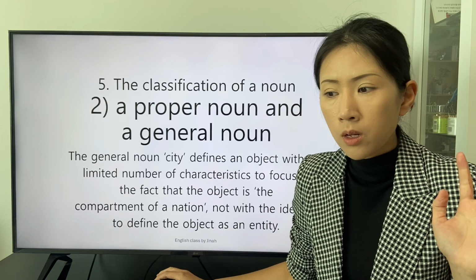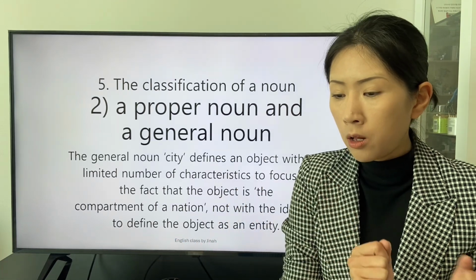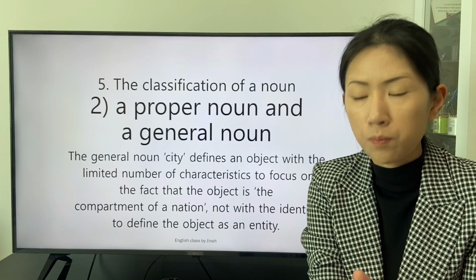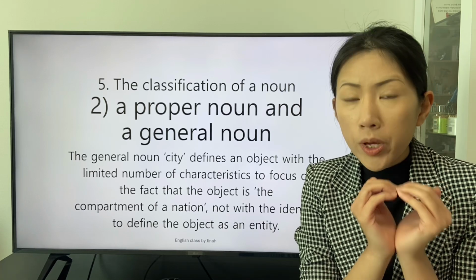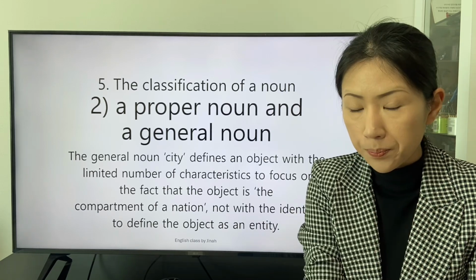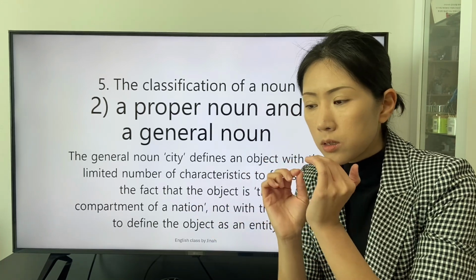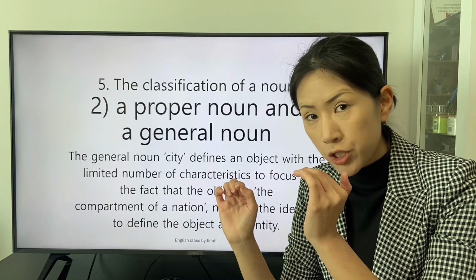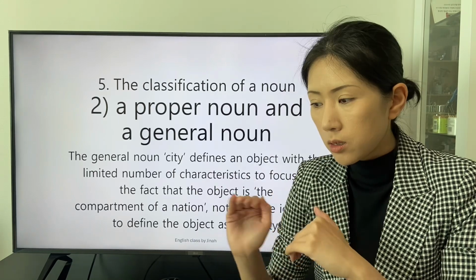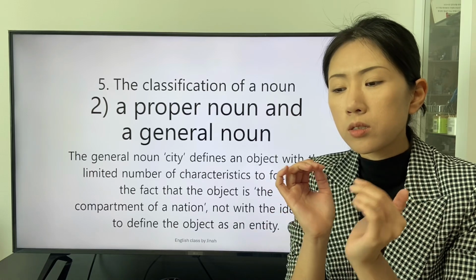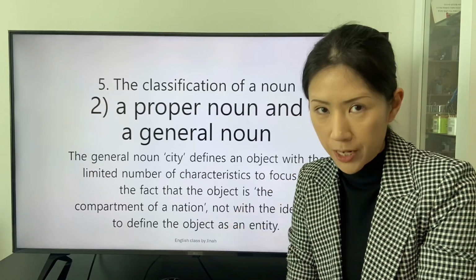So the proper noun Seoul indicates the definite object with the identity, but the general noun with the limited number of features indicates objects that share the limited definitions.